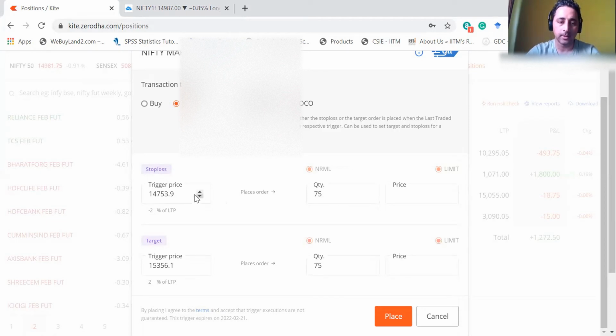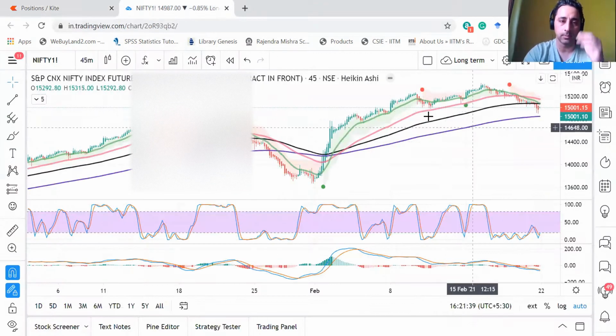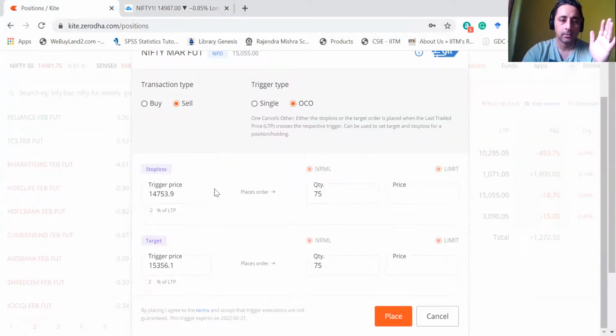Now let's see a couple of things. This is a target price. Whatever price I set, if this price arrives on the chart, this TradingView chart, or basically the NSE, then this order is ready for execution, but it is not sold at this price. Please understand.